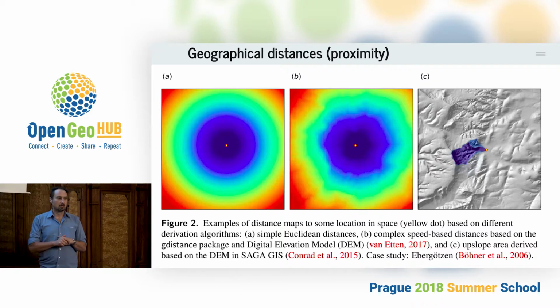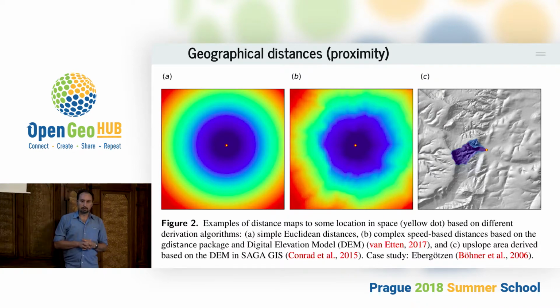We started thinking, okay, buffer distance is just Euclidean distance, so they're relatively trivial. But we started looking, there's also the gdistance package, and a very nice package made by Van Etten, I think, and Hijmans also. This one allows you, if you have a digital elevation model, to calculate this effort distance. So if you have an area where you have to cross over hills or something, that will be most distant.